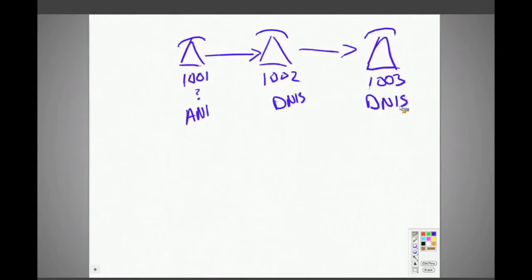That's correct. Okay, well, you can only have one ANI, and you can only have one DNIS. So what does that make 1002 at this point? The redirecting number. So the RDNIS, the redirecting DNIS, or redirecting dialed number.